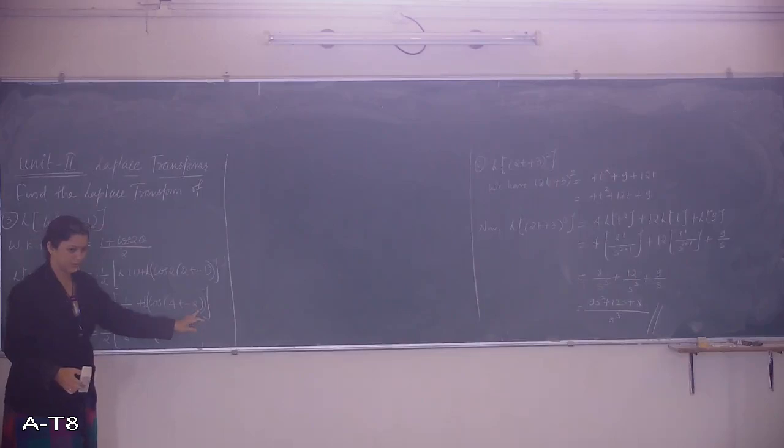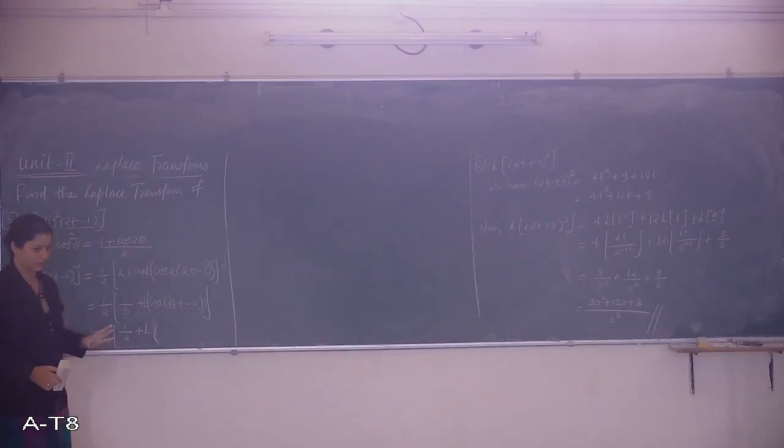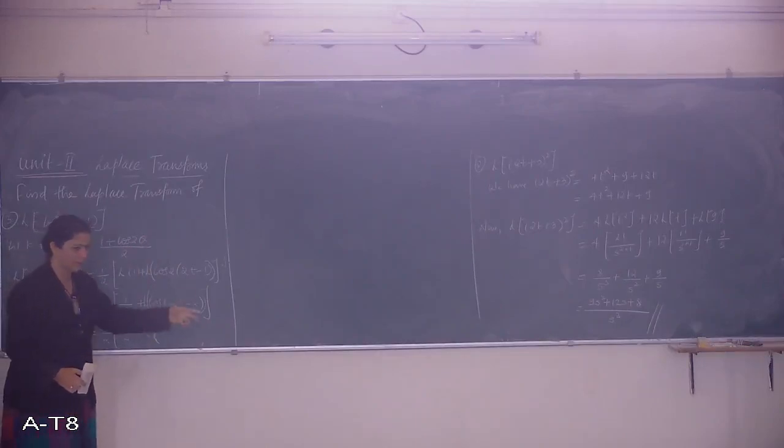If it is cos of 4t, we can directly use that elementary function. But here cos of (4t minus 2) is there.